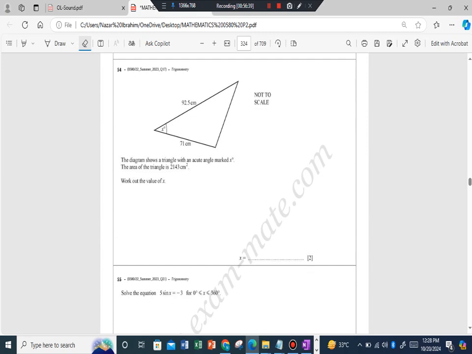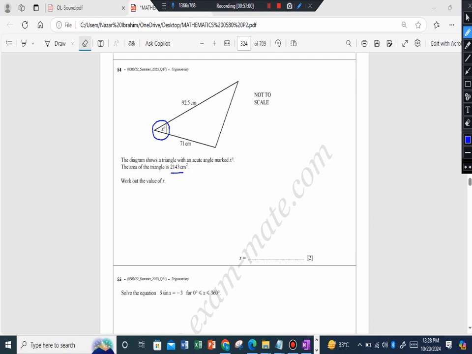Question number 54. We have a triangle, two sides 92.5 and 71 are known, and we are also told that this angle is acute, which we are to find out, and the area of the triangle is 2143 centimeters squared.